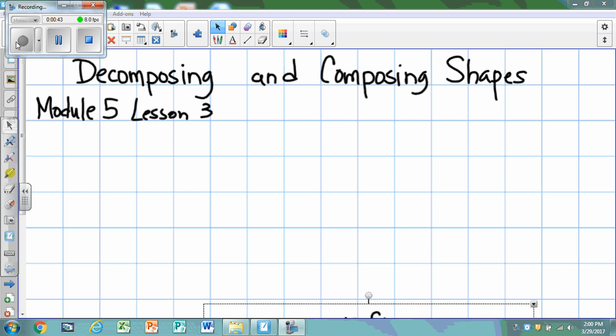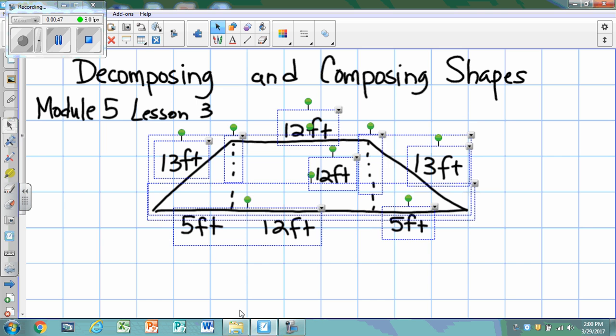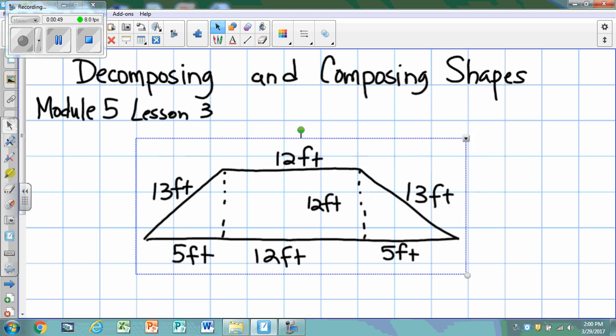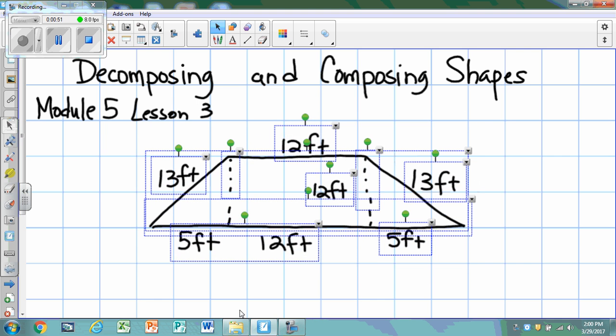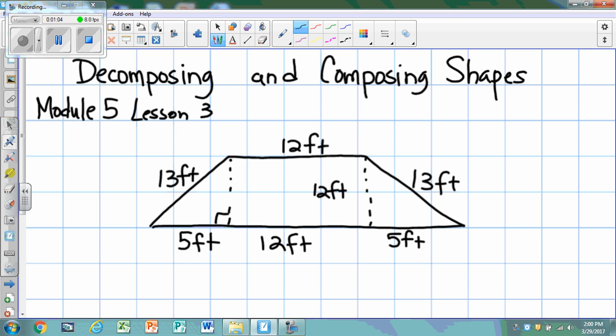So let's talk about this shape here. If we are looking at it right now, it's composed, okay? But if we decompose it, we can see that there are two right angles. Pardon me, I forgot to draw our little right angle symbols here.